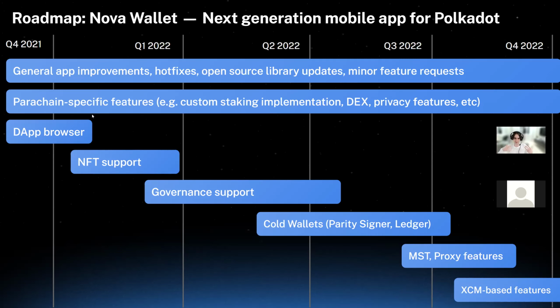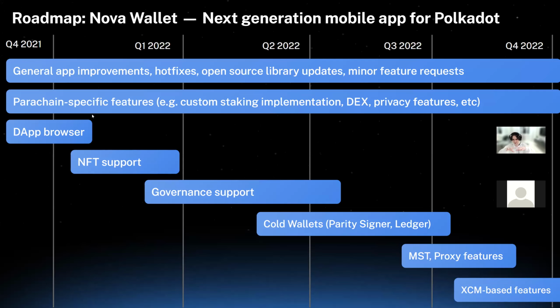Also, we are planning to work with the parachain teams to implement the most requested features from the community. For example, custom staking implementation, which we are going to do with the Moonriver and Moonbeam team. We are looking towards integrating the decentralized exchange functionality, and we will think how we can do it in a fair way for both users and the ecosystem.